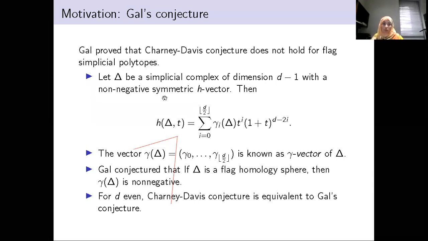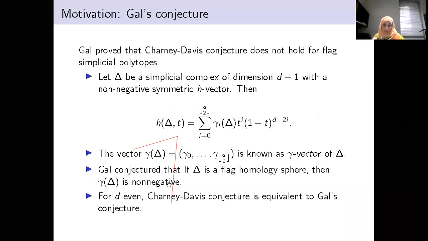If you have an h vector which is symmetric, then you can always translate your h vector in terms of these gamma coefficients. That's why it is called the gamma vector. And he conjectured that if you have a flag homology sphere, then this gamma vector is non-negative. For d even, the Charney-Davis conjecture is equivalent to Gal's conjecture, so this gives a strengthened statement to prove.